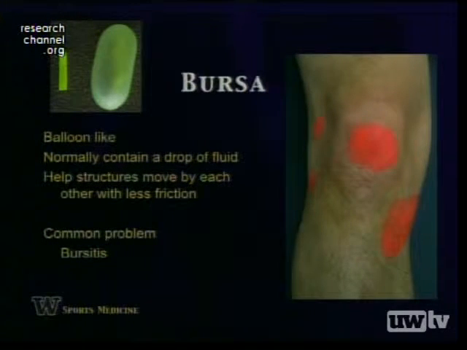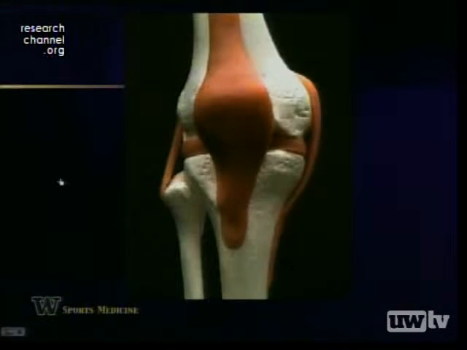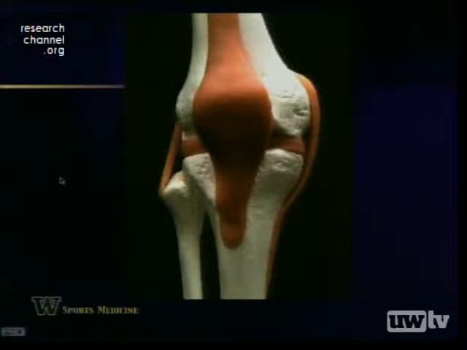This is the video portion, and this is the model of the knee, and so we're looking from the front. The right side of your picture is the medial side, or the side closest to the other knee.